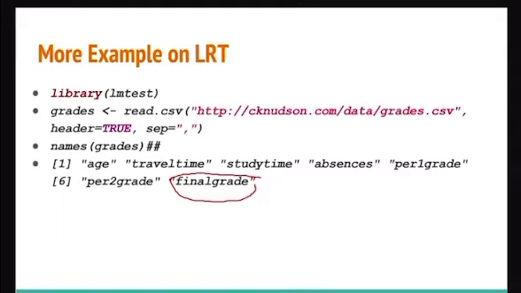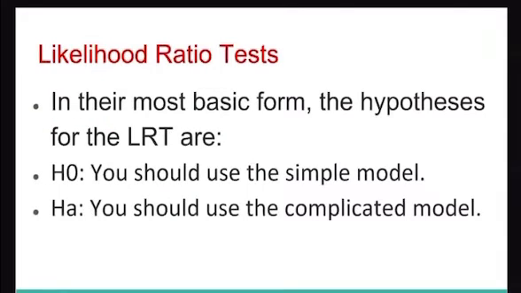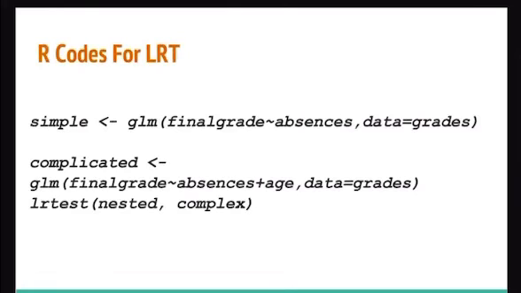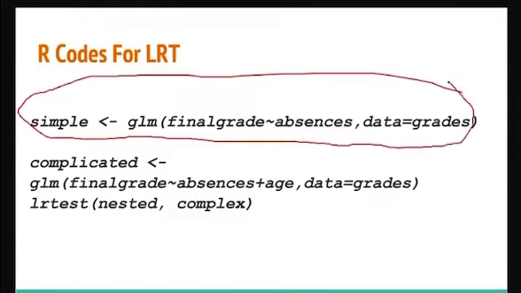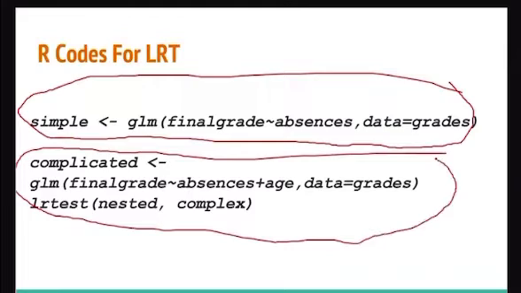Okay, so I'm actually going to compare a simple model and a complicated model. Now I'm going to show you what my simple model is. My simple model says the only thing that could affect final grade is absences. That's a simple model, just one explanatory variable. But the complicated model, oh my God, the complicated model considers a lot of variables.